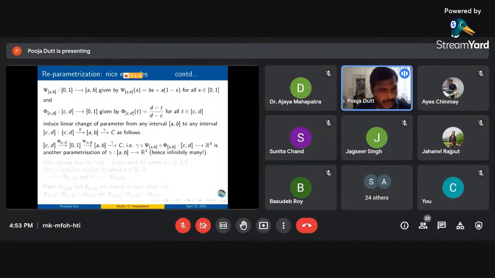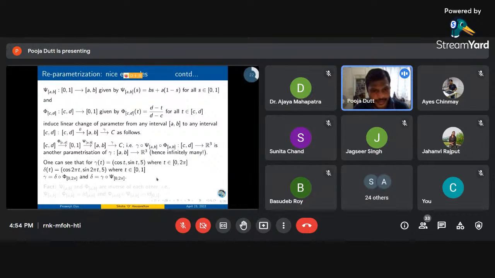It may be 0, 1, it may be 0, 1/2, it may be 0, 1/3, it may be 0, 1/n, or it may be anything, any proper interval. In that case, I'll be getting infinitely many compositions which will be giving the same curve. So given any curve which is parametric, it has infinitely many parameterizations.